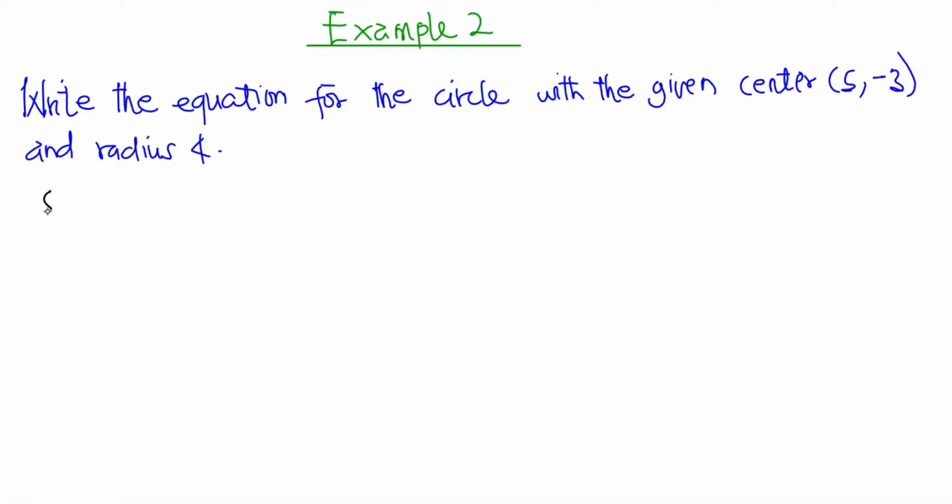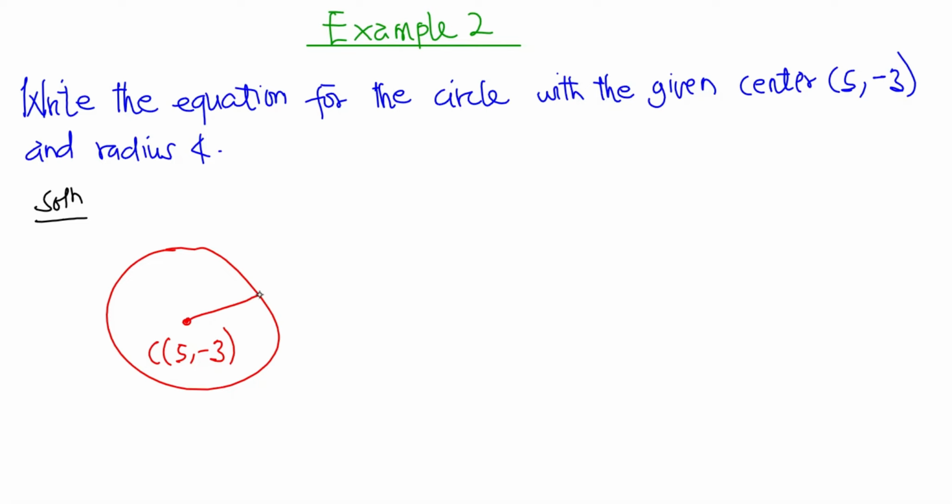So to practicalize this, since you are finding the equation of a circle, there is a circle here and this circle has a center, but the coordinates of this center are (5, -3), and the distance from the center to a point on the circumference is what gives us the radius, and the radius is equal to 4.